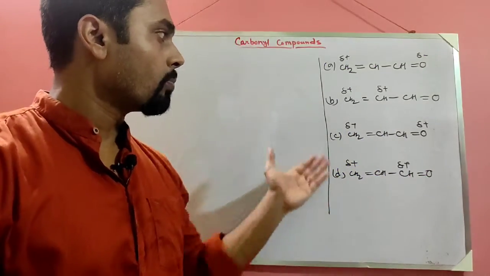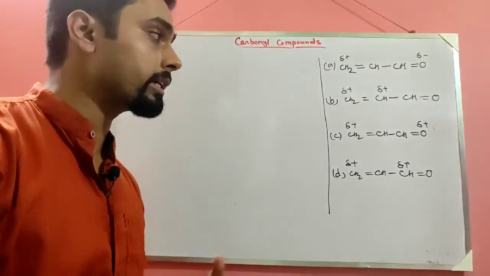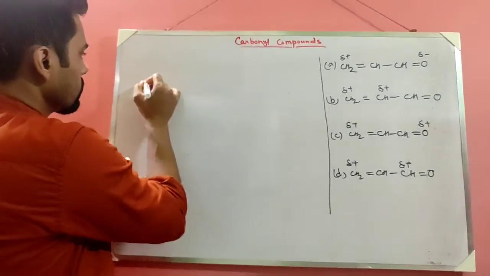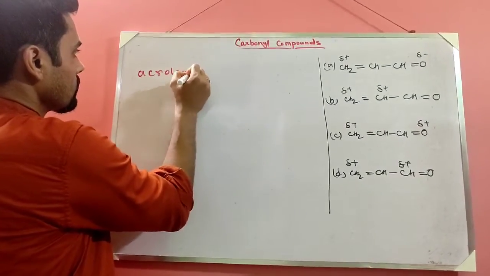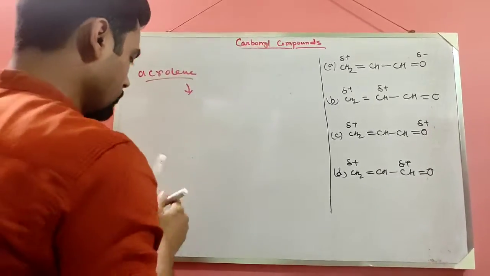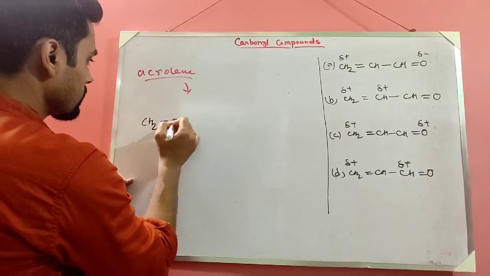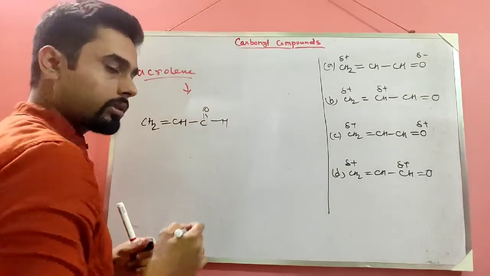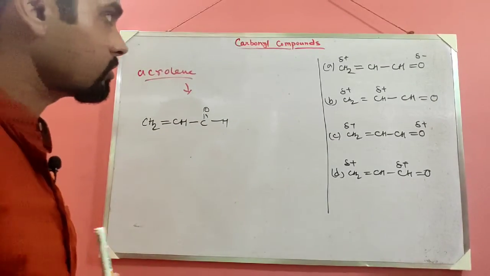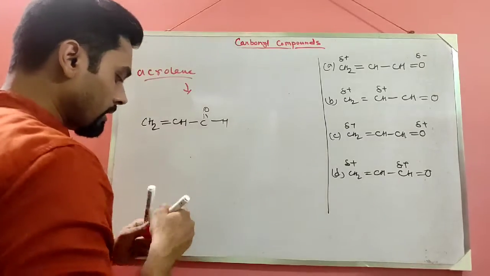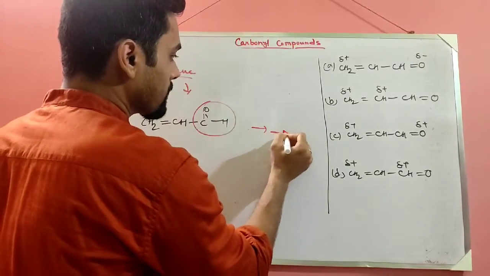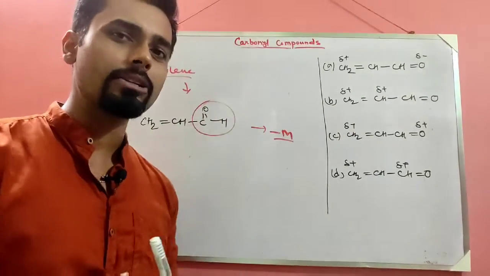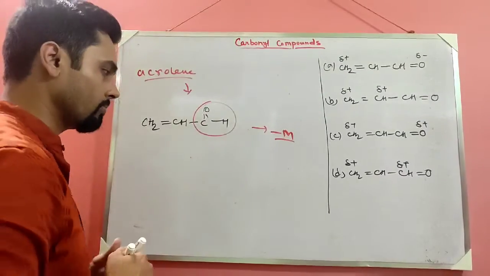Next problem: polarization of electrons of acrolein may be represented by which of the following structures? The structure of acrolein has the aldehyde group CHO. Due to the minus M effect, minus M meaning the mesomeric effect, the CO group attracts electrons towards itself, for both aldehyde and ketone groups.